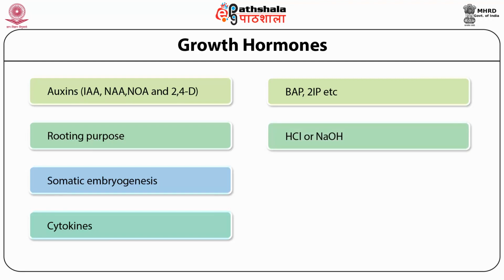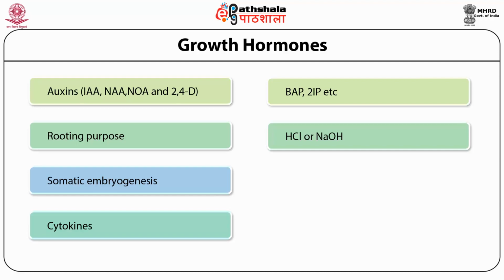I'd also like to add that some of these cytokinins, such as 2IP, are heat labile, and thus we don't add them to the media prior to sterilization. We add it to the molten media after sterilization through millipore filtration, and then pour the media in sterile vials thereafter.